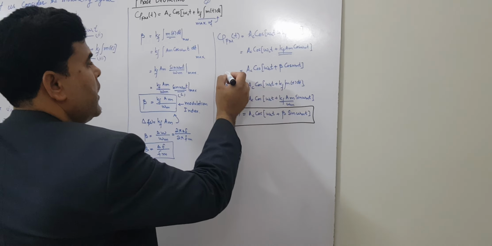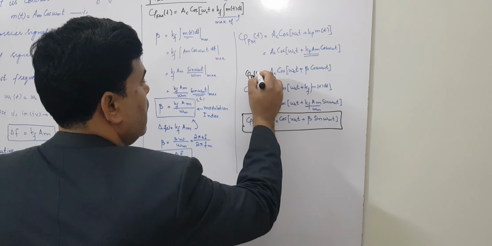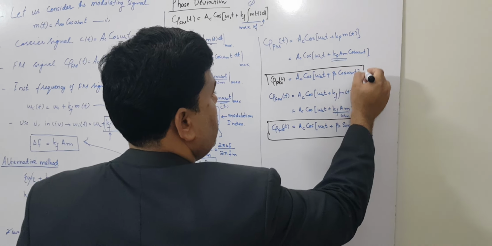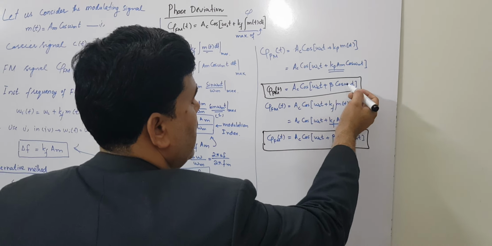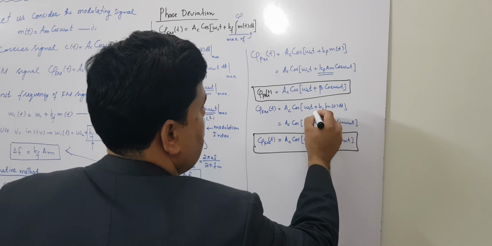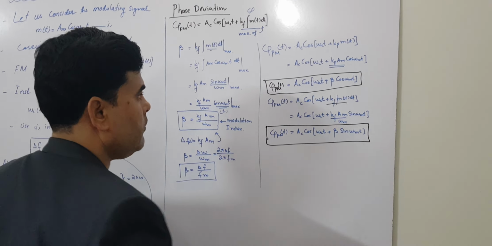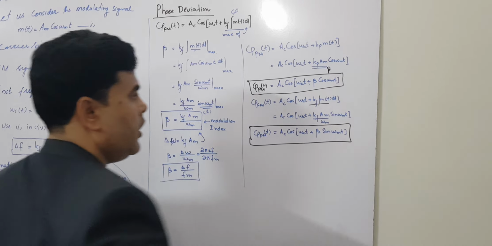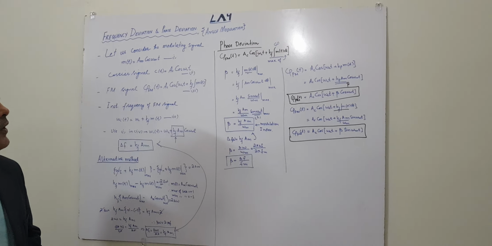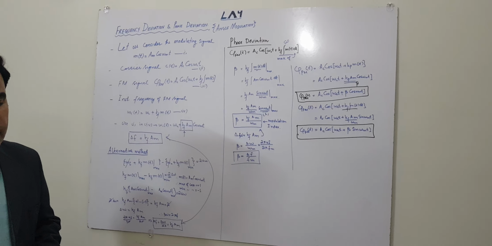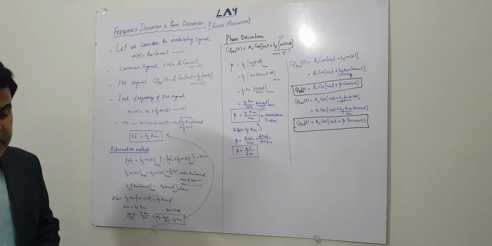But in case of PM signal, your signal will be AC cos omega ct plus beta cos omega mt, and in that case your beta is equal to k of f am, like that is your beta. So I hope you understand what is the frequency deviation and what is the phase deviation and the modulation index of angle modulated signal. The second is the deviation ratio.